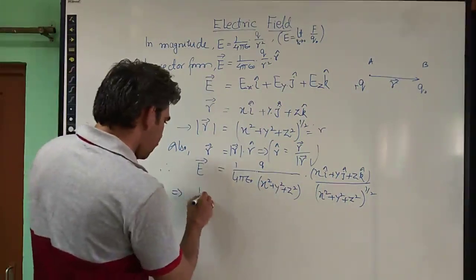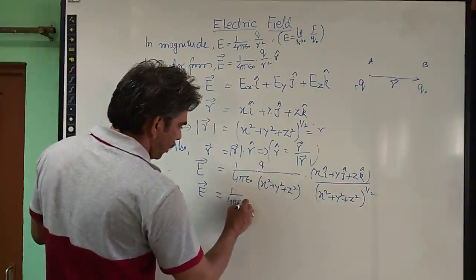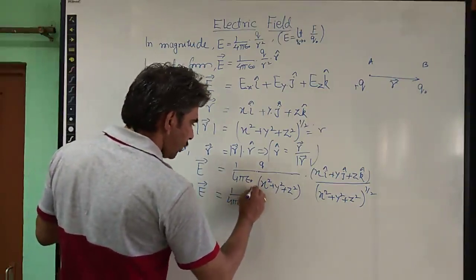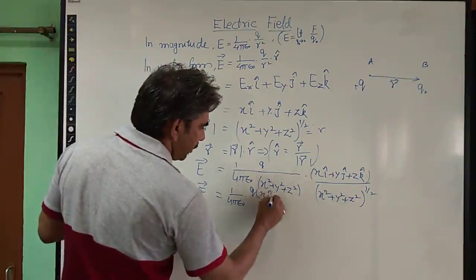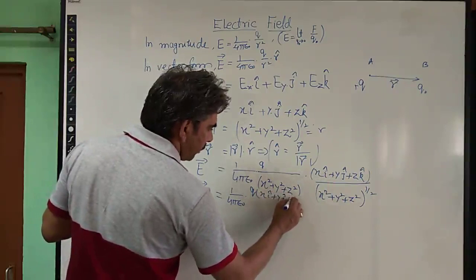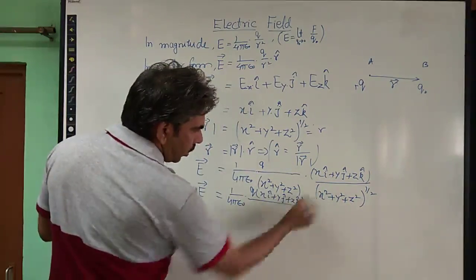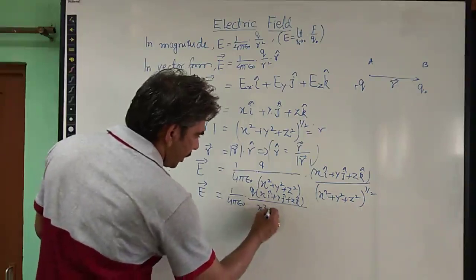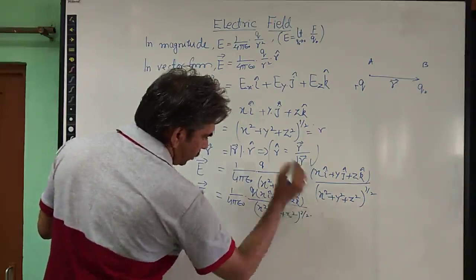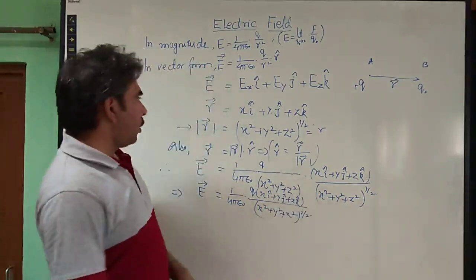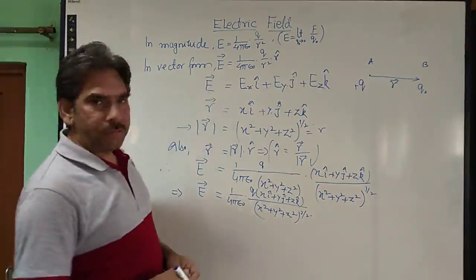So we just write it in a simpler form as 1 upon 4 pi epsilon naught into q into this x i cap plus y j cap plus z k cap divided by, you can combine these two terms, so it becomes x square plus y square plus z square power 3 by 2 simply. So from here now we can write the expression for the components of the electric field.